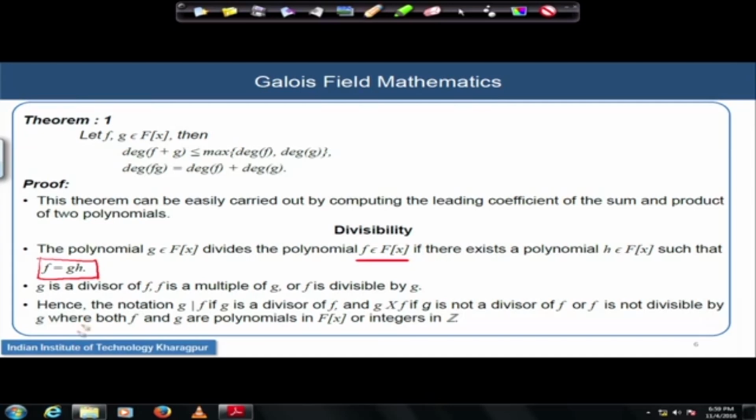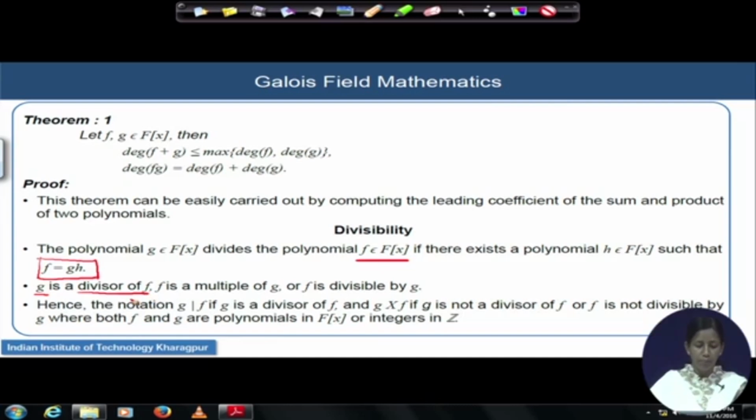In that situation we say that g is a divisor of f, f is a multiple of g, or f is divisible by g. If g is a divisor of f, we write it like this, and if it is not, we write that g is not a divisor of f.